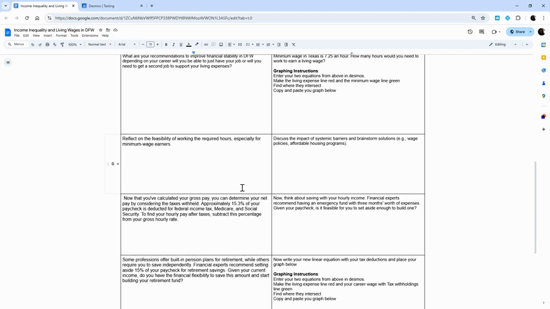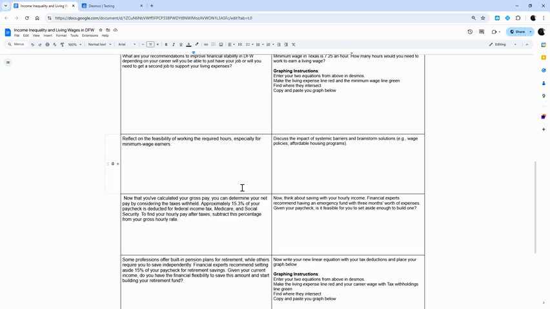Now that you've calculated your gross pay, you can determine your net pay by considering the taxes withheld, approximately 15.3%. So we're not even talking about taxes withheld. They're just talking about minimum wage. We didn't even talk about that they're going to get taxed on their money, so they have to know what that is.